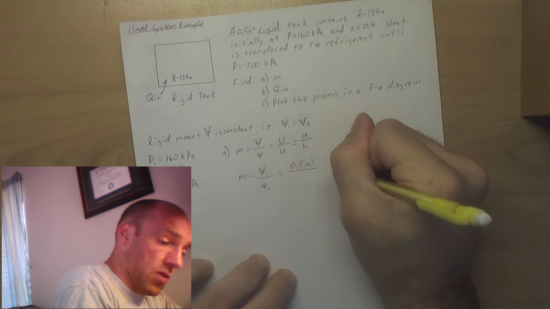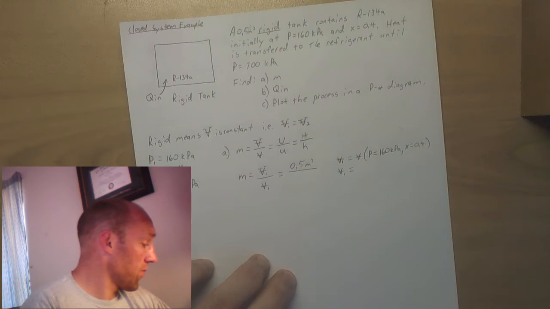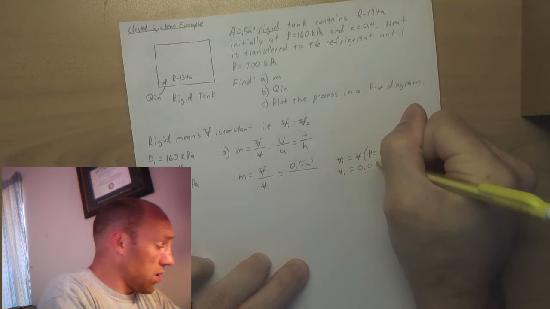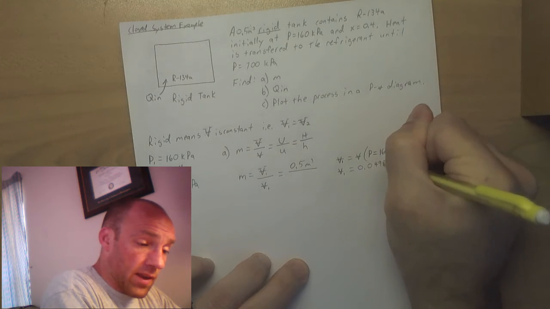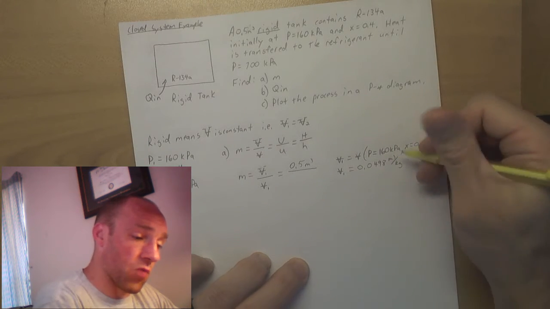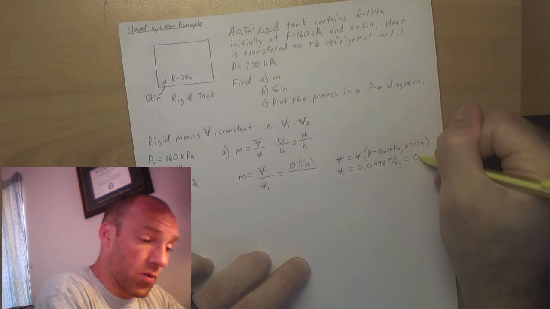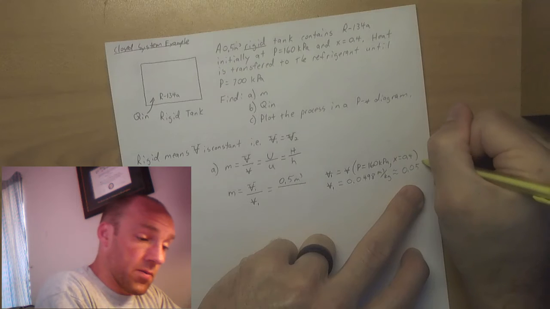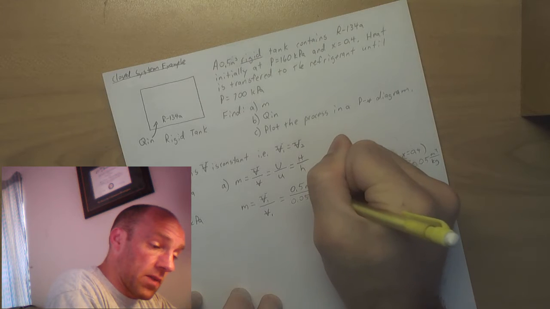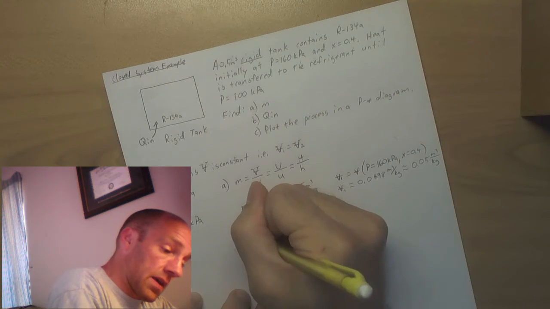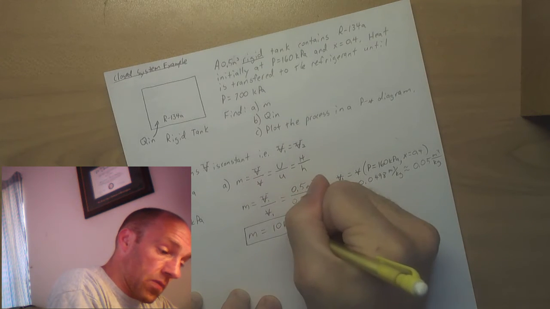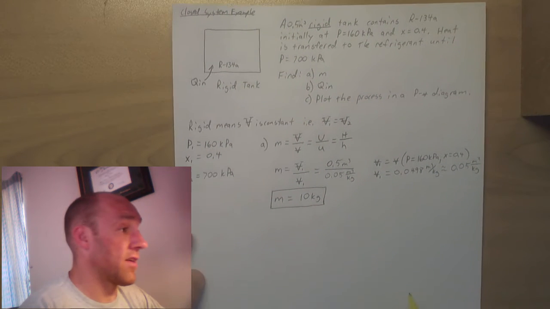So the specific volume at state 1, when I go into my calculator, is 0.0498 meters cubed per kilogram, which for all intents and purposes is 0.05 meters cubed per kilogram. So the total mass of R134A in the tank is 10 kilograms.